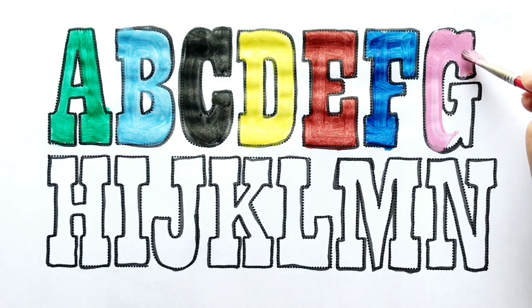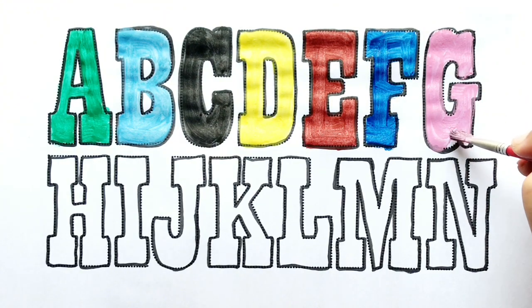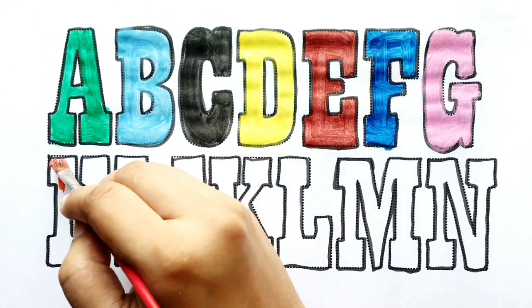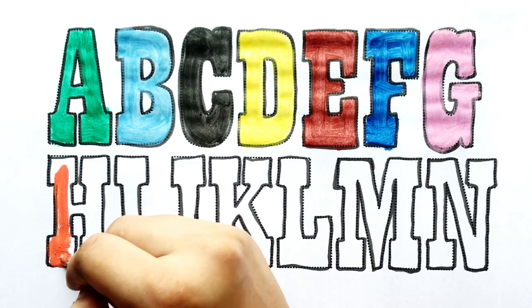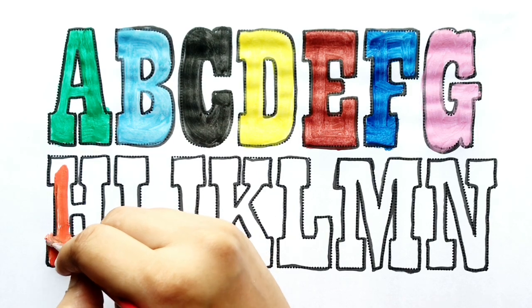Uppercase letter G. G for grapes. Orange color. H for horse.